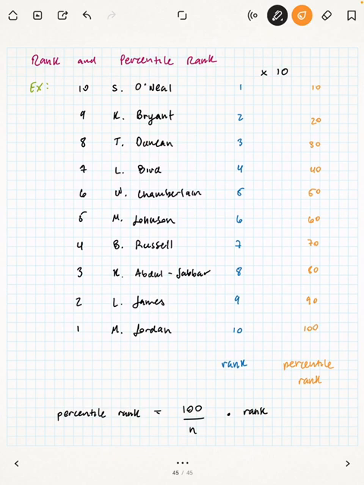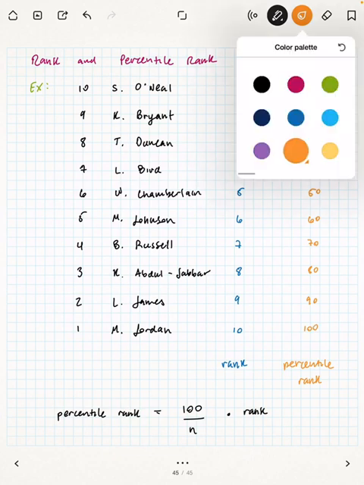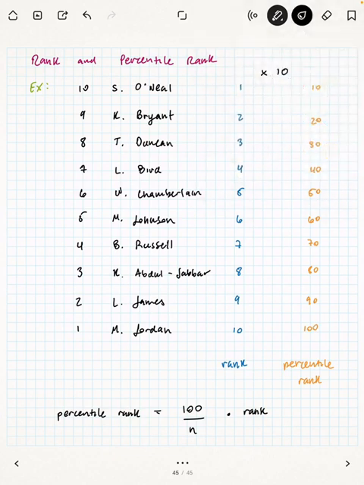And here's how we want to interpret this. Okay, just zero in on your favorite in the list. Could be anyone. Let's think about Magic Johnson for a second, right? So Magic Johnson is the 5th best NBA player according to this list. That means they are ranked 6 in this data set.